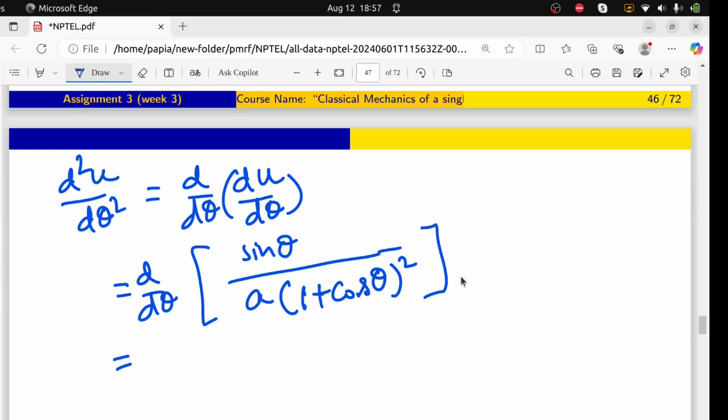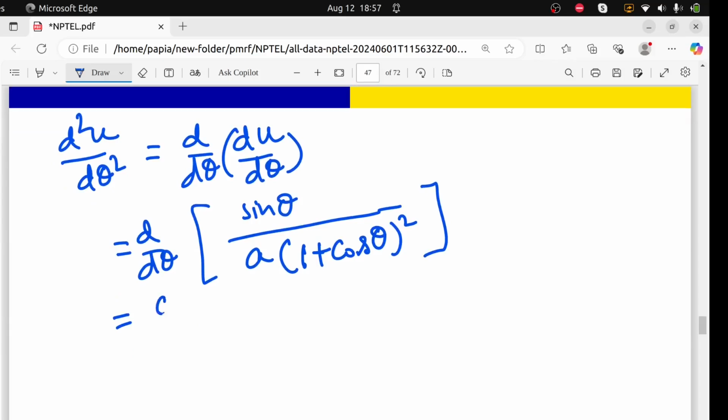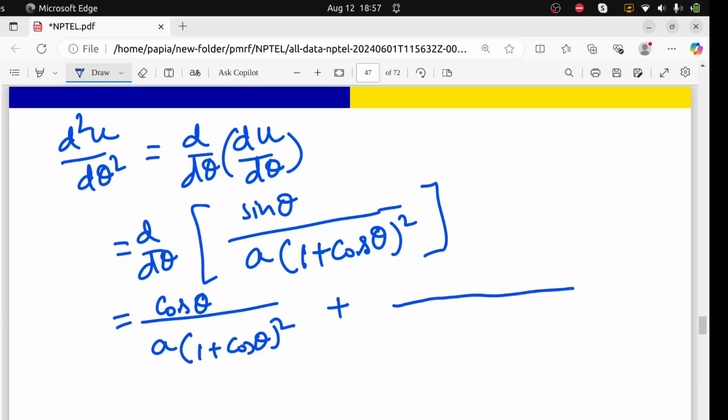So answer is cos theta divided by a times 1 plus cos theta whole square plus sin square theta divided by a times 1 plus cos theta to the power 4. Sorry.